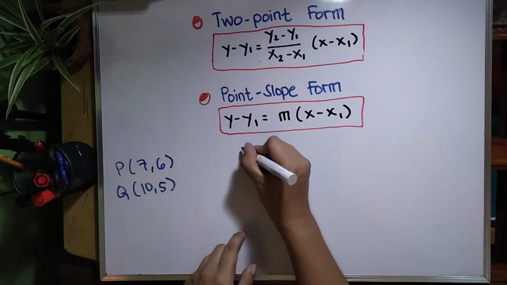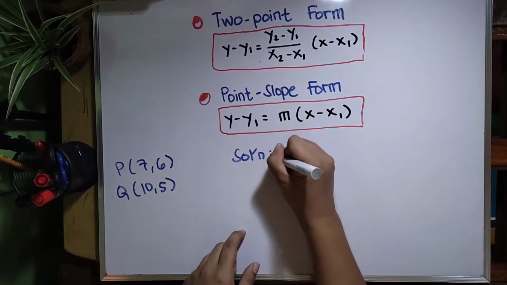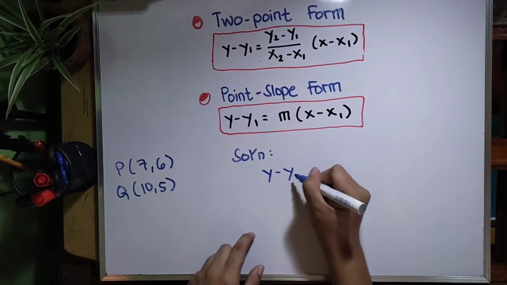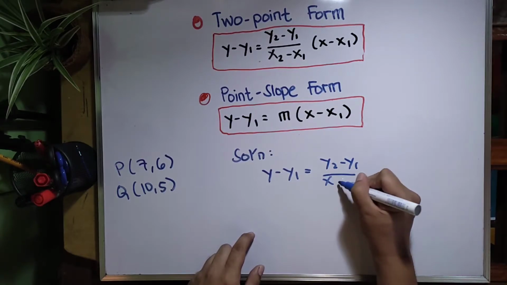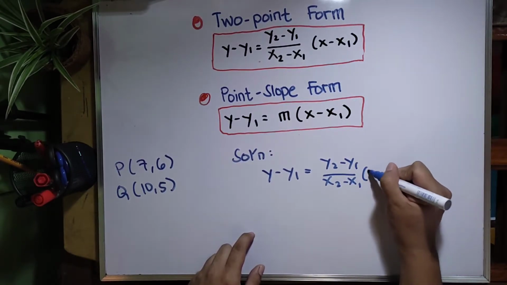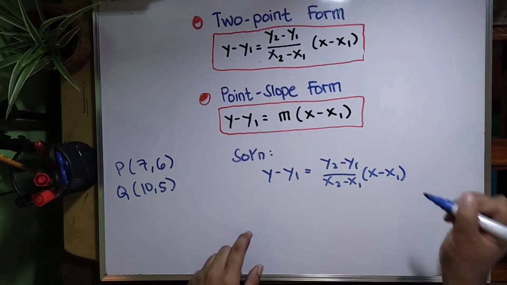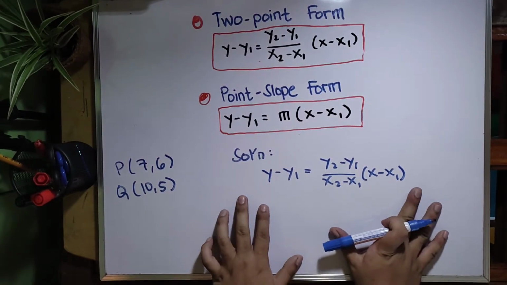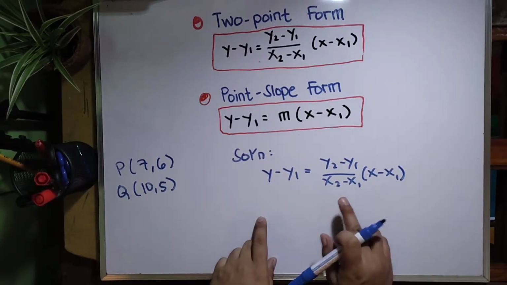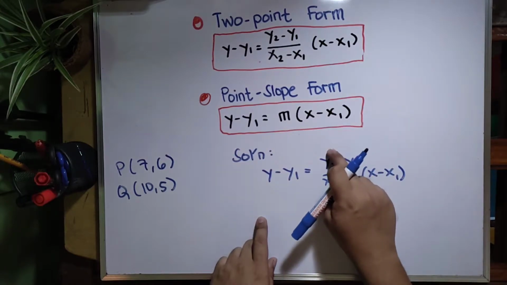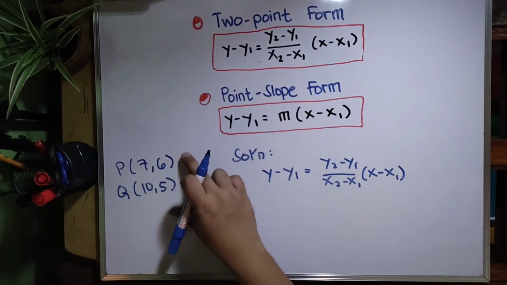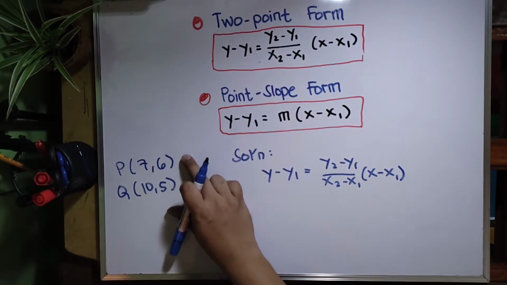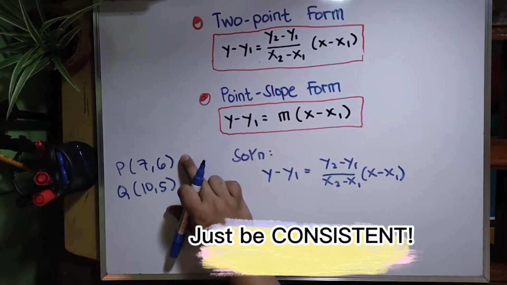Okay, so solution, y minus y sub 1 is equivalent to y2 minus y1 over x2 minus x1 times x minus x sub 1. Again, before I proceed with my solution, in choosing which is x1, x2, y1, and y2 in this, you can choose any of these two, P or Q. All you have to do is just be consistent in your solution.